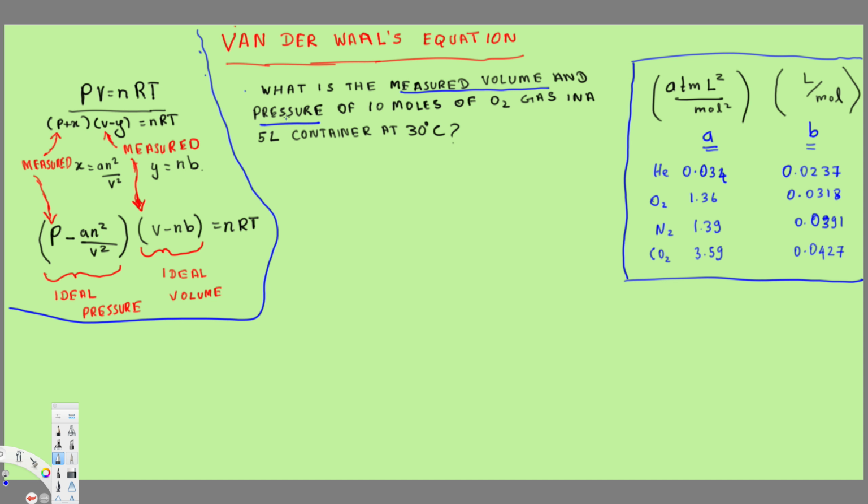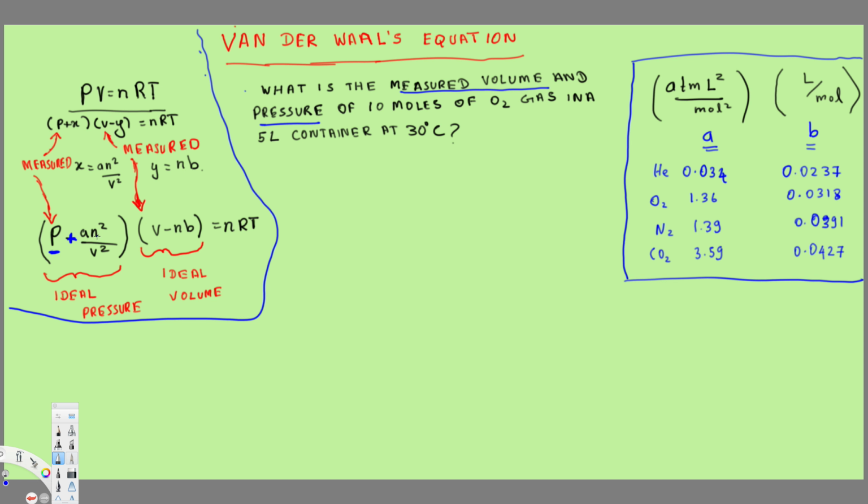First of all, to find the measured pressure, we need to calculate the ideal pressure first, because the pressure is this part only, right? This part only gives you the measured pressure. Actually, this one is plus right here.